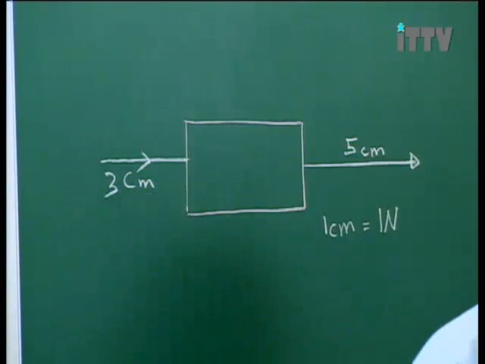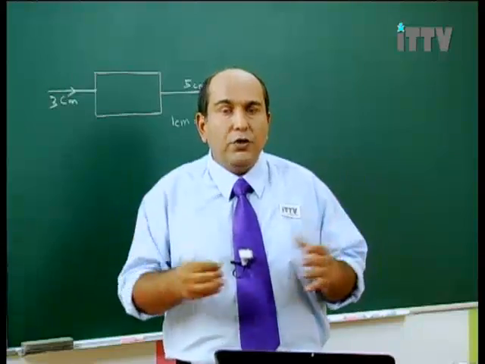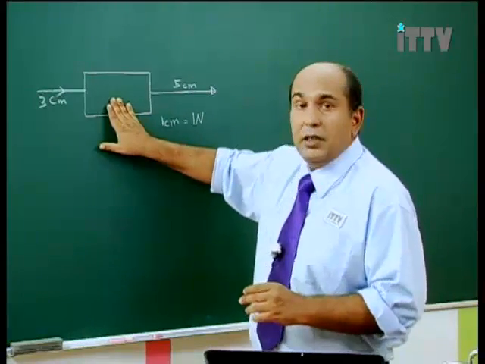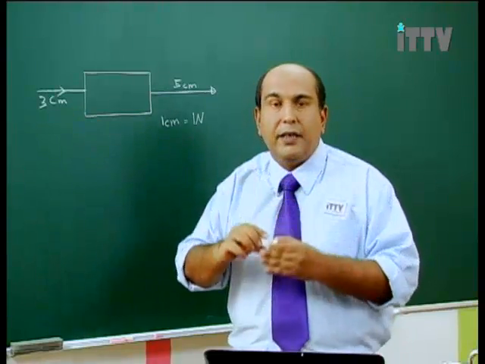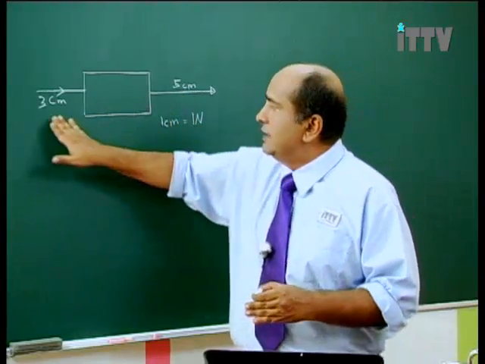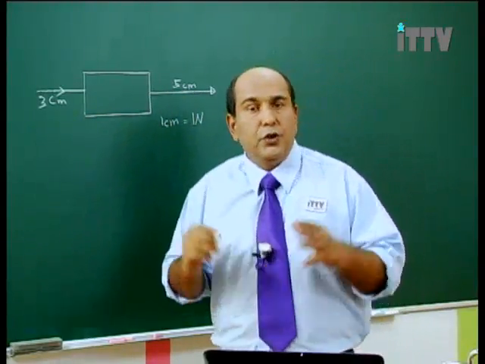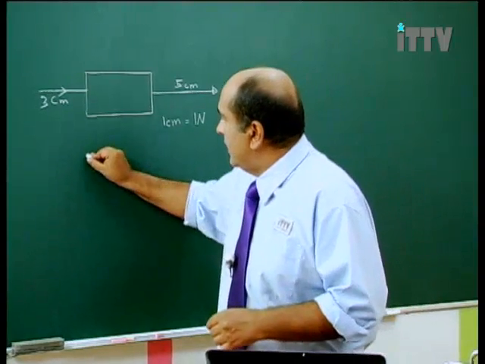To represent 3 newtons. Now, the total force acting on this block will be the front line and the back line added together. So the 5 centimeters and the 3 centimeters. So the resultant force, let's write that down here.